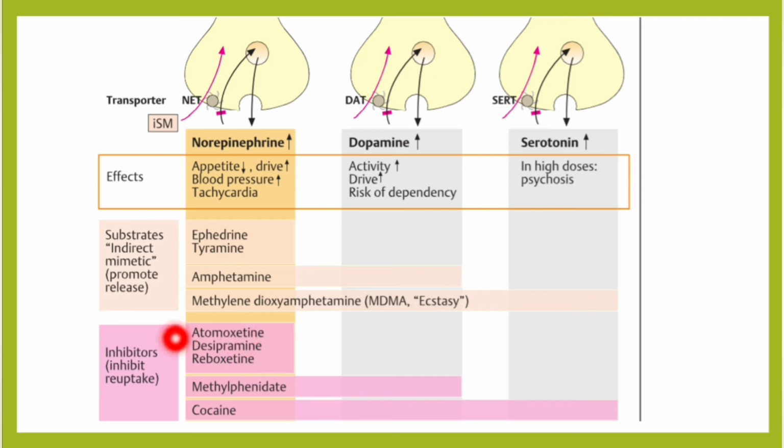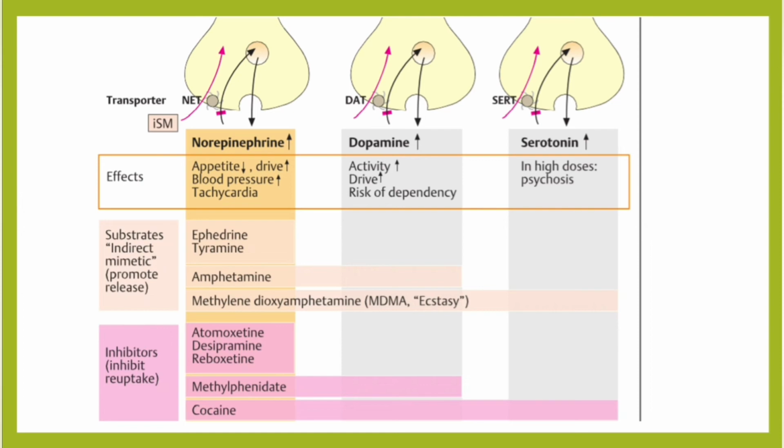These include atomoxetine, desipramine, reboxetine, right? Reboxetine is very important. It's usually used as an antidepressant. Methylphenidate and cocaine, right? If you look at cocaine, it has an effect on norepinephrine, dopamine, and serotonin. It increases the concentration of all of these.